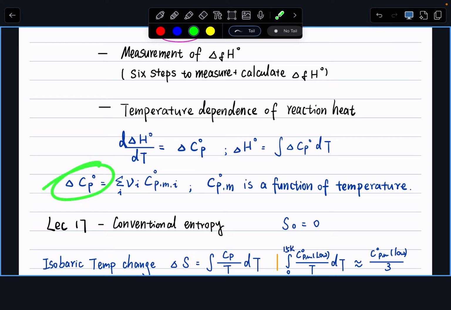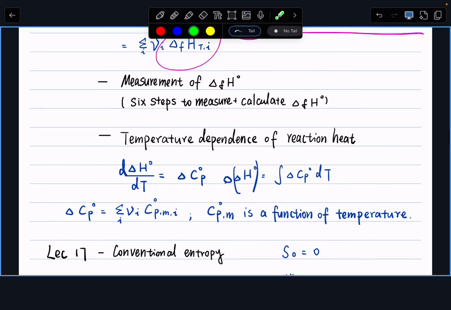And similarly, my delta Cp naught is also an intensive function. And in this case, how does my delta H naught change with respect to temperature? You can take the integration of your delta Cp naught over temperature.